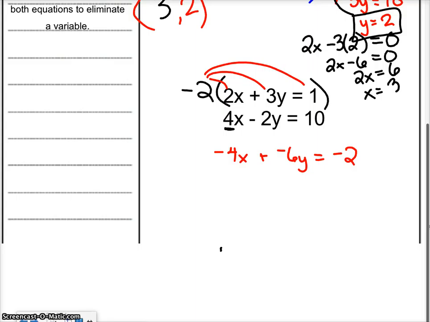The bottom equation I'm just going to write under it. It's easiest to do your math that way. So that's just me writing that bottom equation down. Since I have a plus and negative on the top, I'm going to go ahead and put plus and negative on the bottom, just so they're the same, because I have to combine.